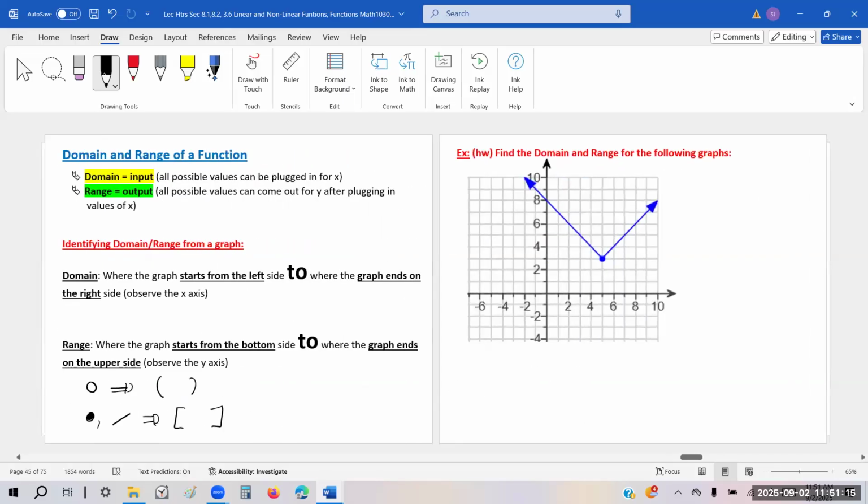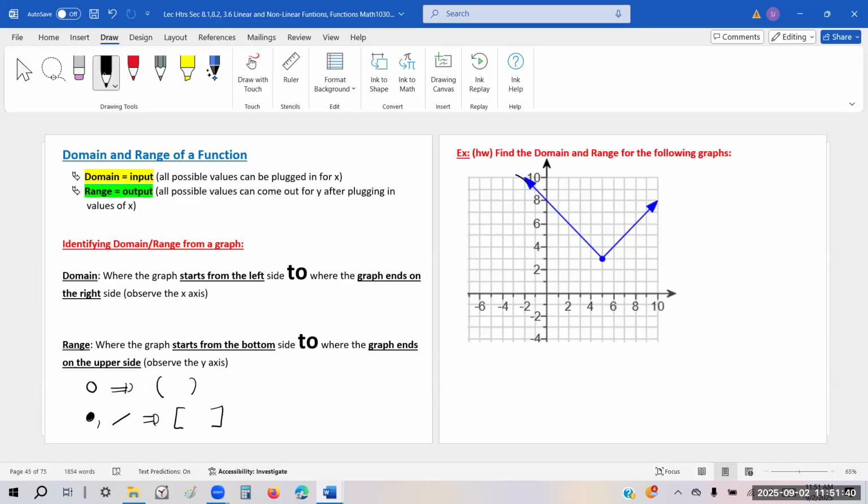Now let's see one example. You have a V, and that V is going on forever and ever. So in this function, what is your smallest x value? The line is going on forever.